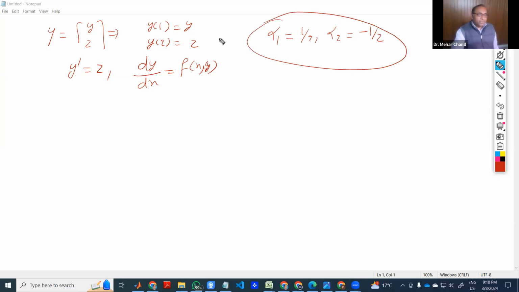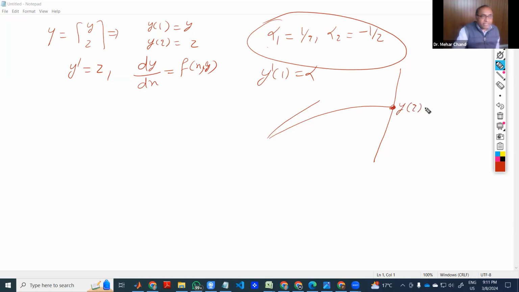These are the two slopes; we can choose 45 degrees or minus 45. When we implement the shooting method, the target value, the exact solution which is given, is y2 equal to 1 at this place.